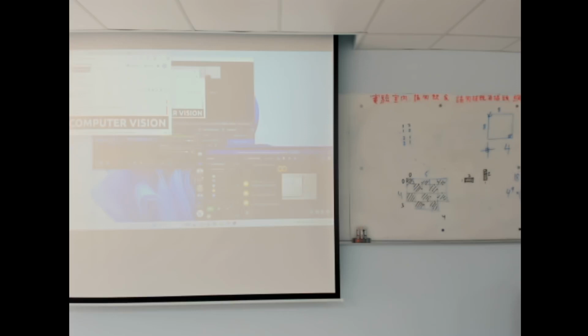So if I have an edge pixel in my image, some edge pixel here, then I can say, oh, here's my pixel P1. If the center is here, right, then I can calculate what the radius of this would be.